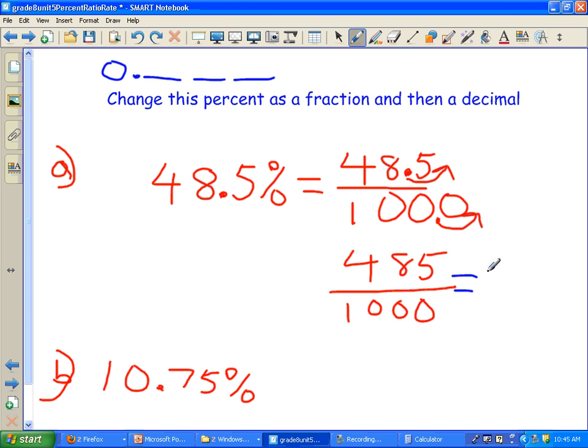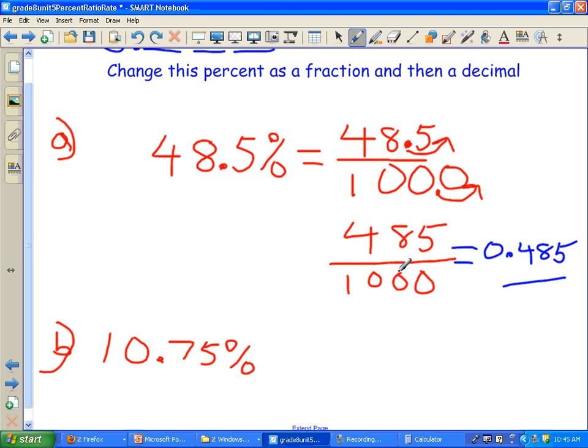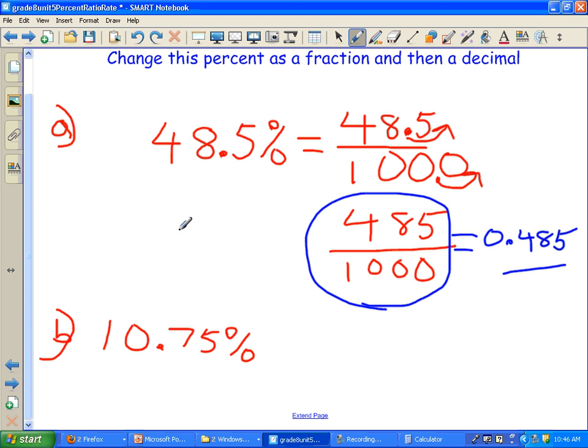So now I can write 0 decimal, and I'm going to need 3 places because it's thousandths. 4, 8, 5, and there's my answer, changing it to a fraction and then to a decimal. Now, of course, you can reduce this fraction or simplify it by dividing the top and the bottom by the same, but you do that if you're asked to do it.